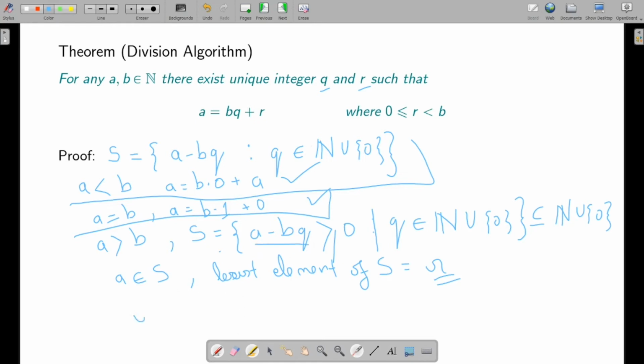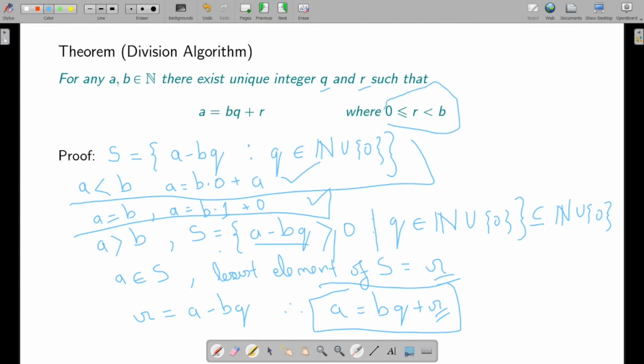So R will be some A minus B times Q. Since R is A minus B times Q, we can write A as BQ plus R. But notice here this does not yet prove existence. That is because I have not yet shown that R lies between 0 and B. If I show that R lies between 0 and B, then I have shown existence.